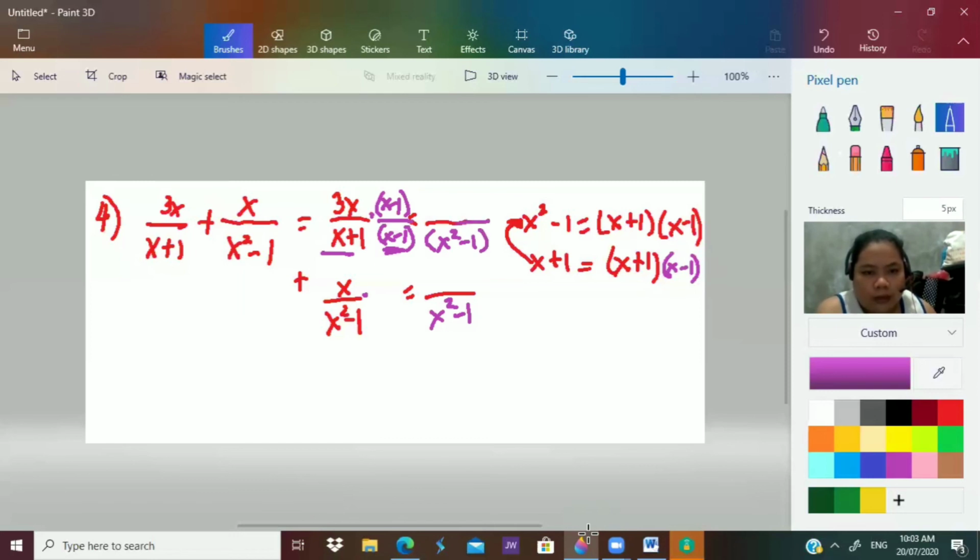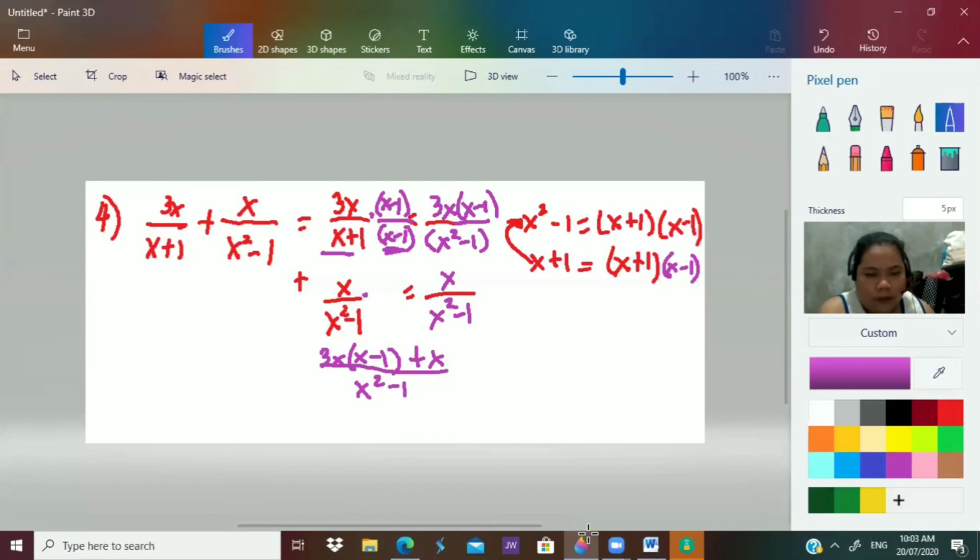So you have now 3x times x minus 1. Okay, so ito, copy na lang tayo kasi parehas naman. So you have now 3x times x minus 1 plus x all over x squared minus 1.